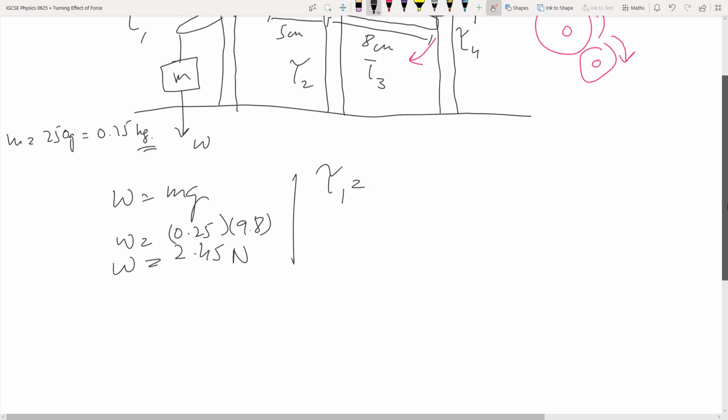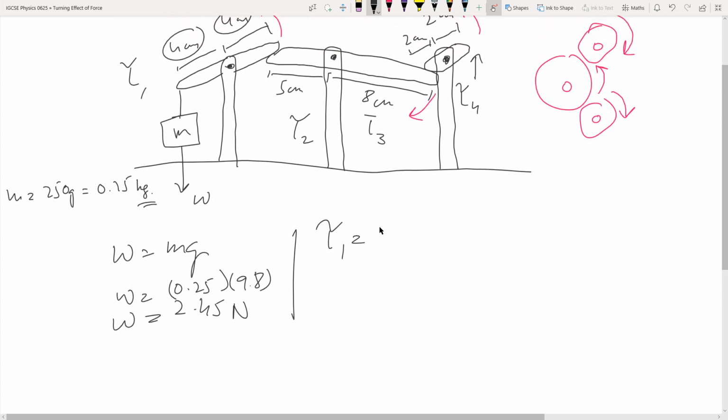So I'm just going to calculate the moment of this weight. That is going to be weight into d. Again, tau 1 is going to be 2.45 multiplied by 4 centimeters. Again, we need to convert that. That is going to be 0.04 meters, and let me just calculate this.